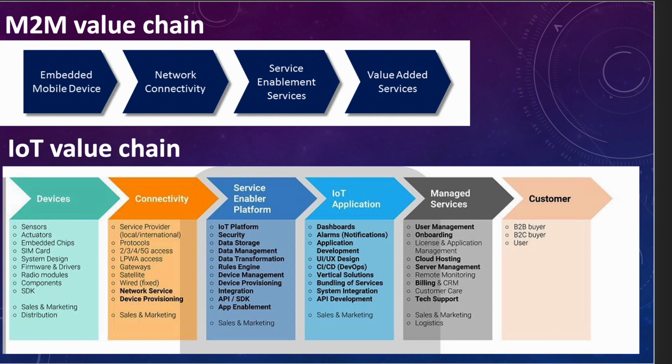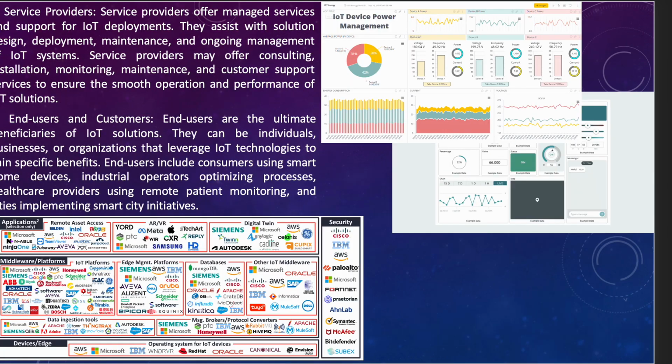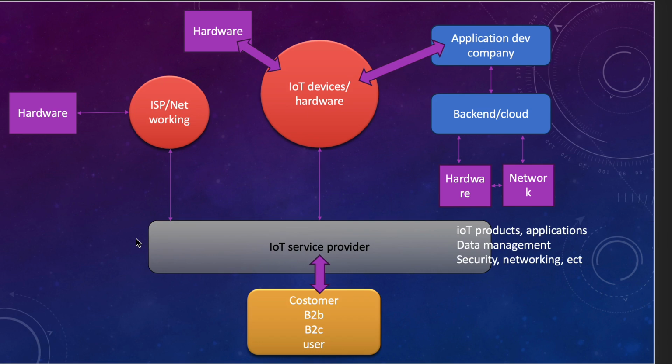So we looked at a small example of where these companies come into the specific value chain, and why customers need another IoT service management company or IoT company to provide specific IoT technologies.